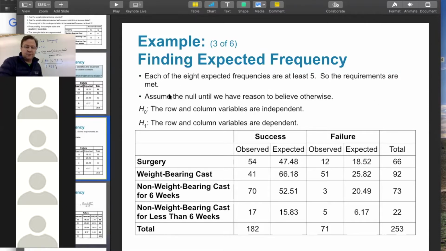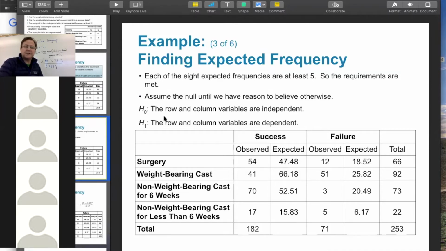So again, the third requirement in order to do a test for independence is that each of the expected frequencies needs to be at least 5. And as I look, that's bigger than 5, that's bigger than 5, that's bigger than 5, that's bigger than 5, that's bigger than 5, that's bigger than 5. Everything's bigger than 5. So the third condition is met.